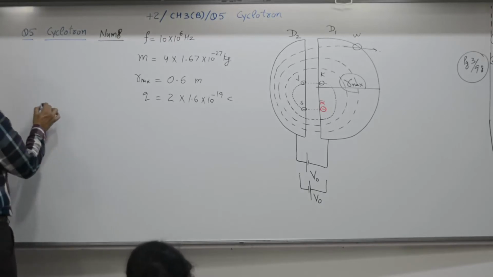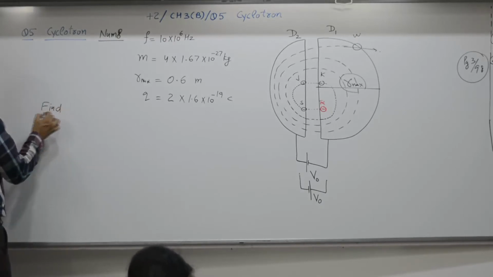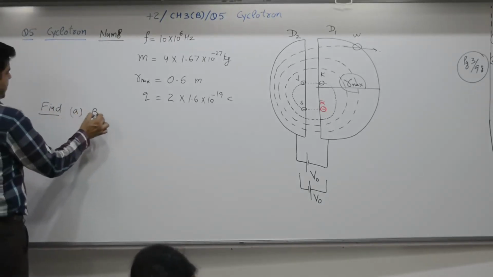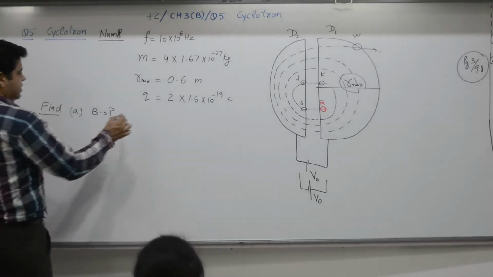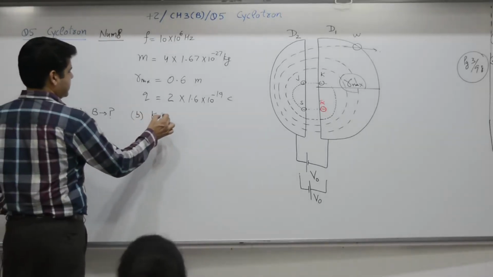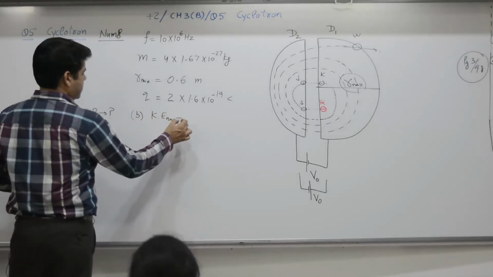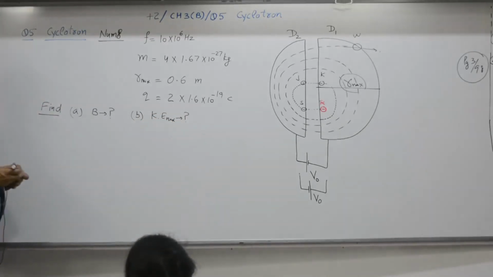Find B. What else is given? Is kinetic energy given or not? Kinetic energy you also have to find out. Maximum kinetic energy.